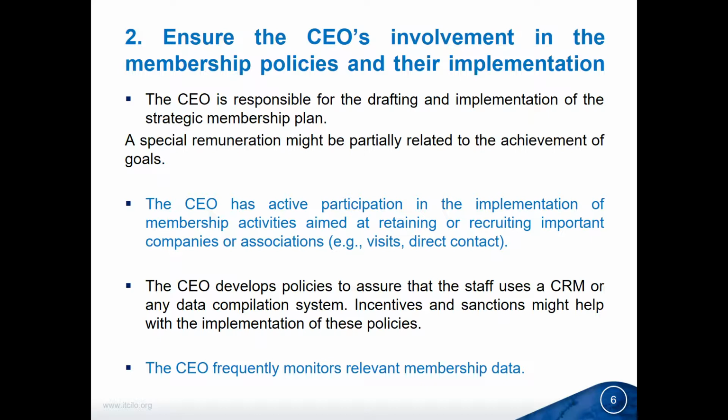Another role of the CEO is to develop internal policy within the secretariat to make sure that all the staff uses the IT system that the organization has to input data about members. And we will talk about this later on, but it's extremely important to have in place a culture of sharing data amongst the different staff in the secretariat and amongst the different departments.